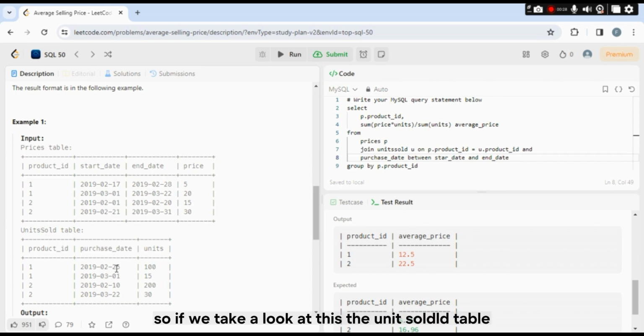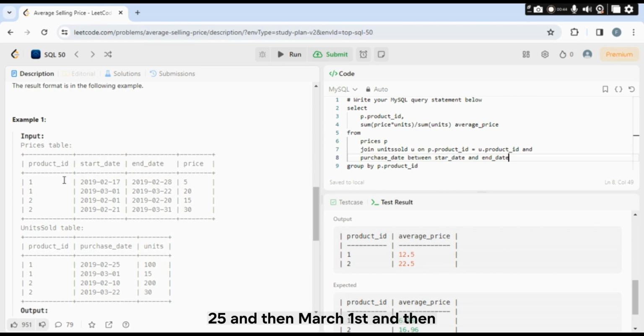So if we take a look at the units sold table, the purchase date for product 1 is the 25th, and then the 1st of March. And the price of product 1, the start date is from 17 of February until 22 of March.